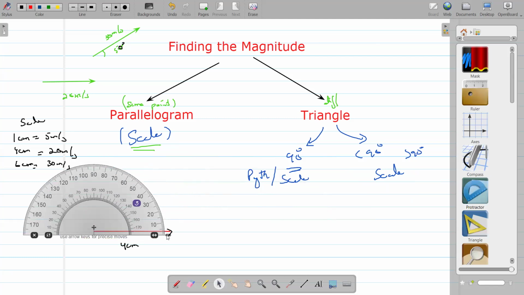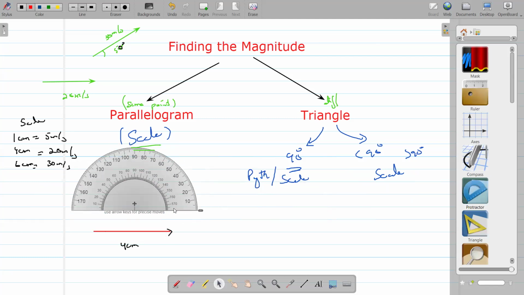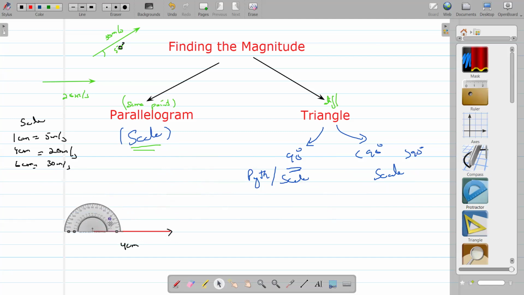You will place a protractor here and mark where the angle is 50, because we'll read this scale. So this is 0, this one is 10, 20, 30, 40 and 50.